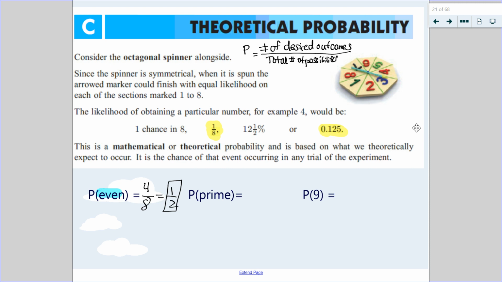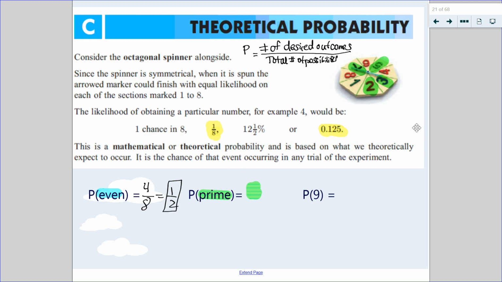So 1 is not considered a prime number. You know, that's a little tricky. But our lowest prime number is 2. 2 is prime. 3 is prime. Is 4 prime? Nope. 5 is prime. 7 is prime. So those are our prime numbers. We know 8 is not prime because it's 2 times 4.